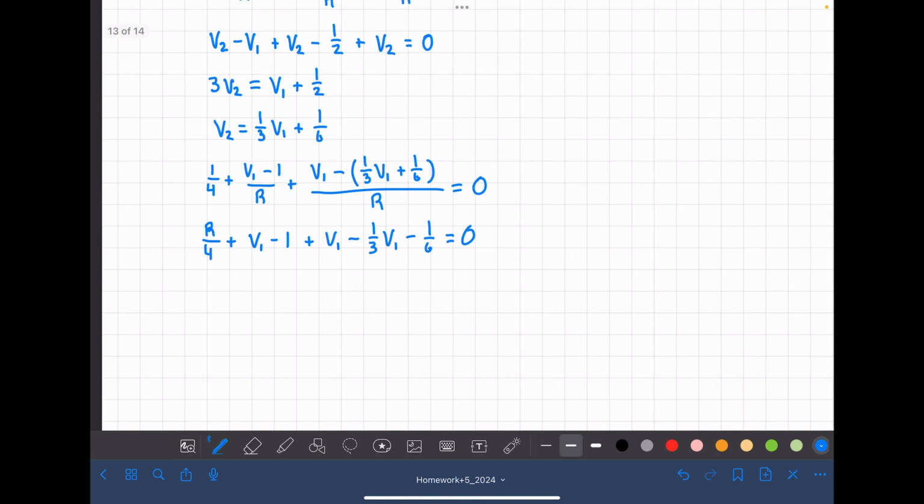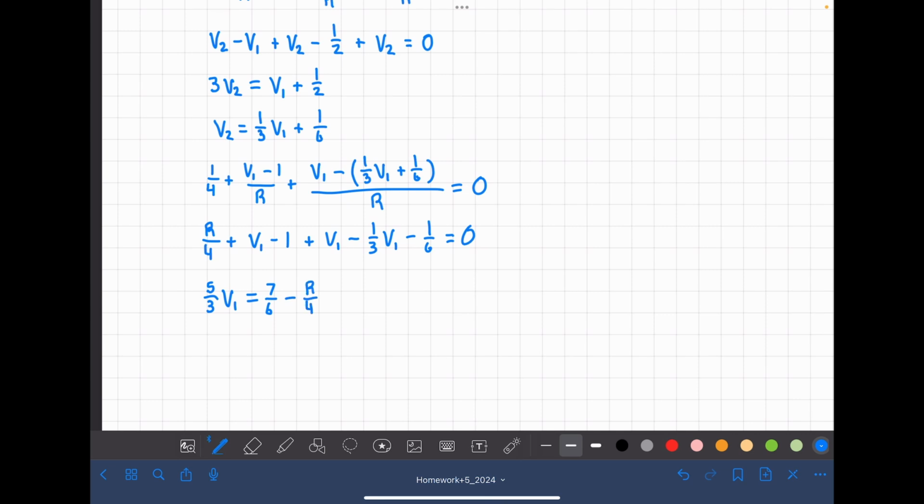If we combine our like terms, we get 2 V1 minus 1/3 V1. So that's 6/3 minus 1/3, 5/3 V1. We have minus 1 and minus 1/6. So I'm going to go ahead and bring that over here. So 6/6 plus 1/6 is 7/6. And then minus R over 4.